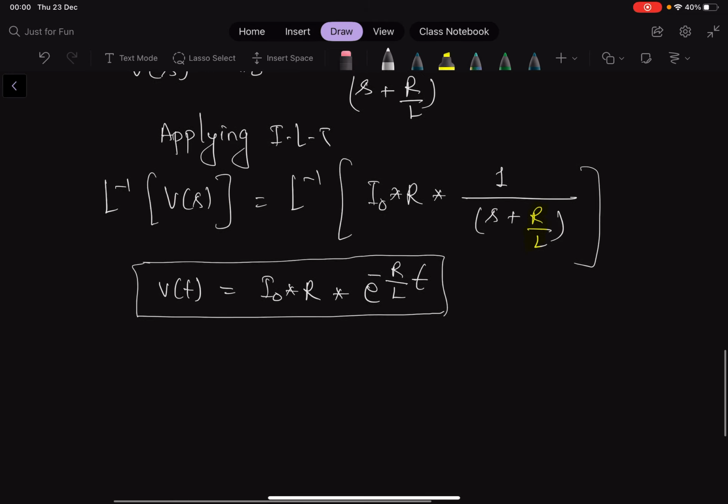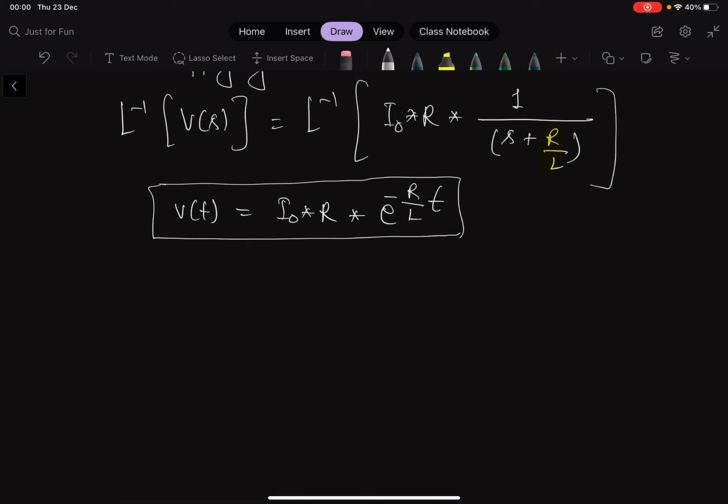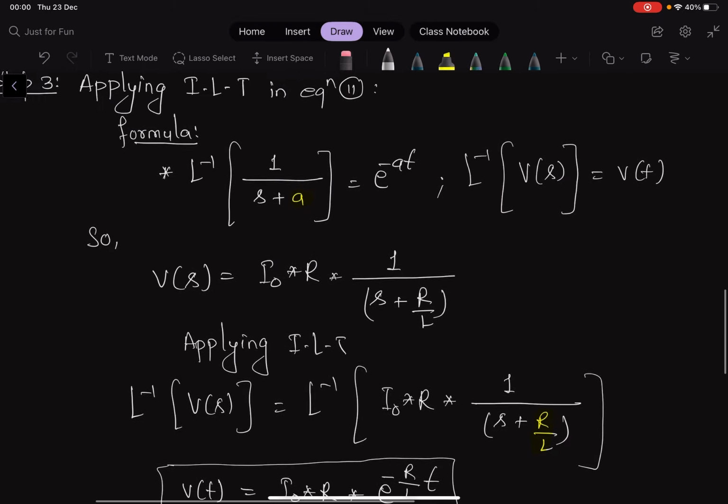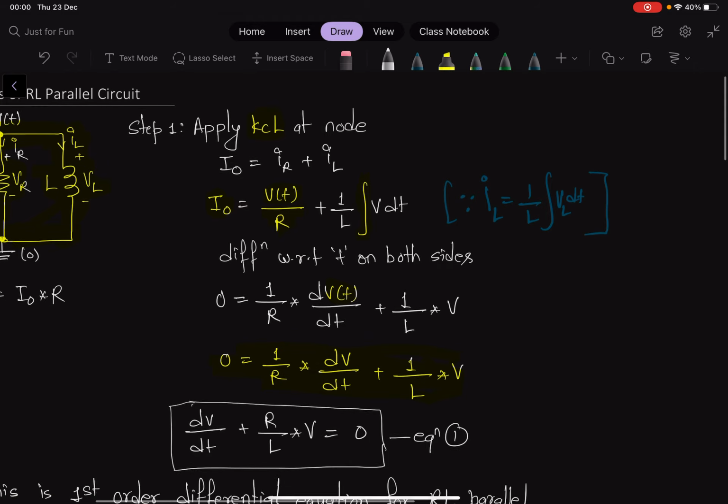But what we want here, we don't want the voltage, we want the current. So if we need to find a transient current, but if you look at the circuit, which current are we focusing on?